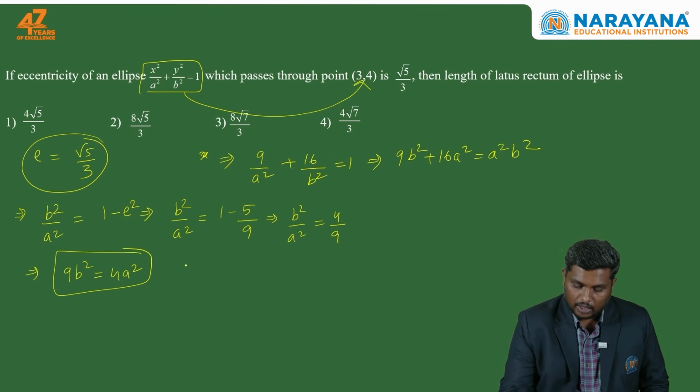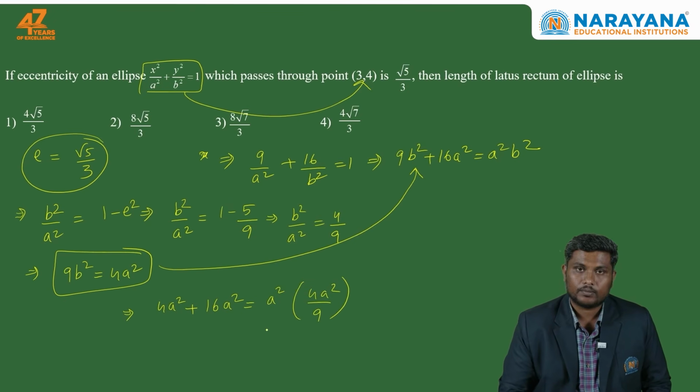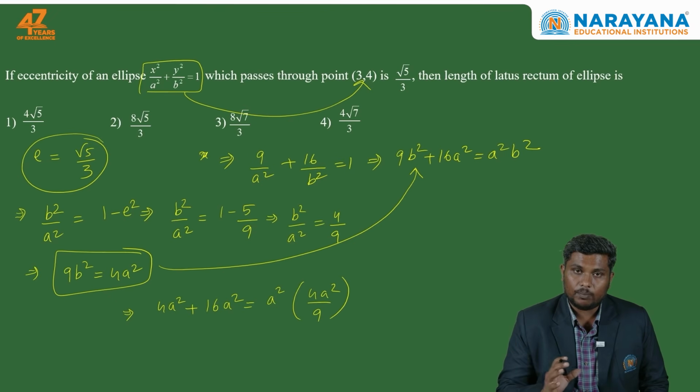So here I'm going to substitute this in this equation. So again, it should give me 9b square, which is again 4a square plus 16a square is equal to a square into b square is equal to 4a square by 9. Okay, basic, again you're just simplifying two equations to get a square and b square.